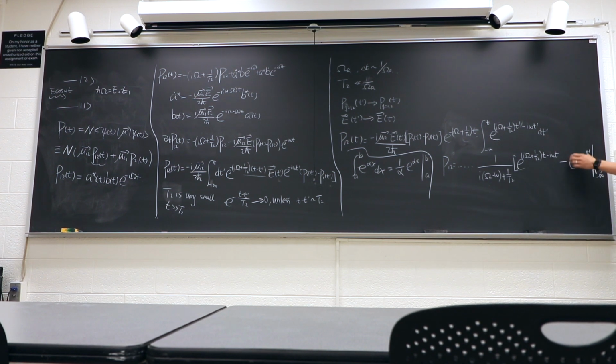Right, you plug this in, t goes to minus infinity, and when t goes to minus infinity, this term goes to 0, right? So you can cross away this term.